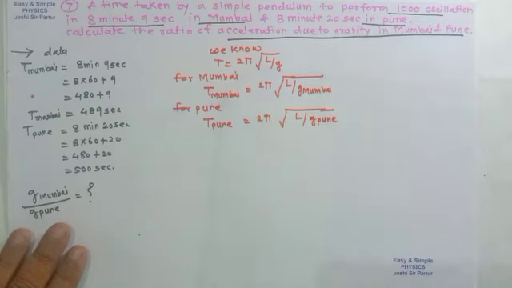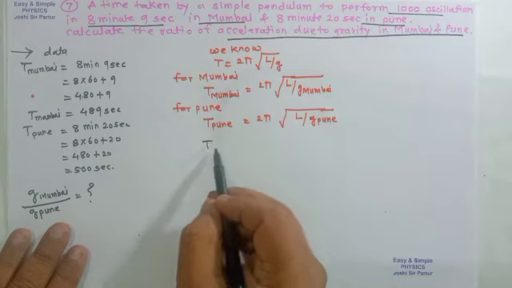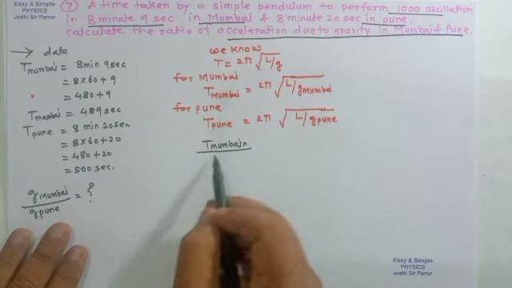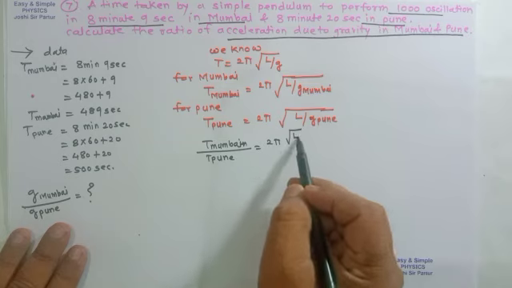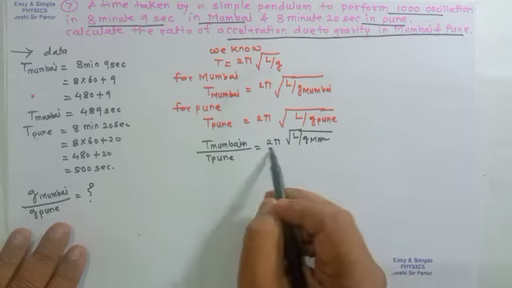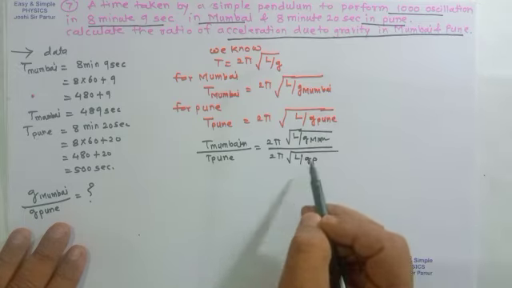If we divide, T Mumbai upon T Pune will be 2 pi square root of L upon g Mumbai upon 2 pi square root of L upon g Pune.